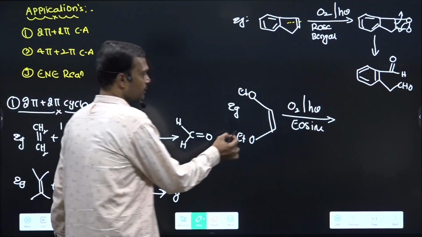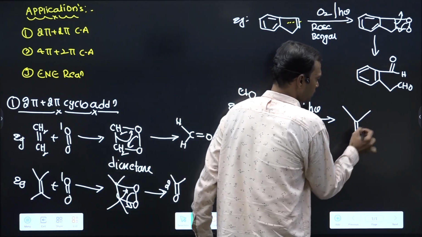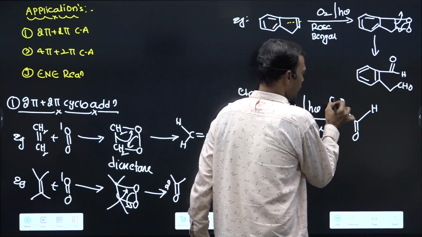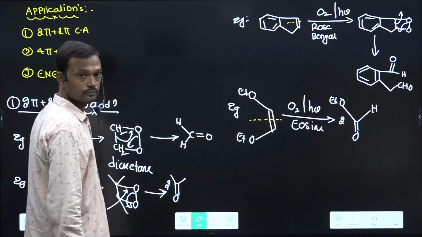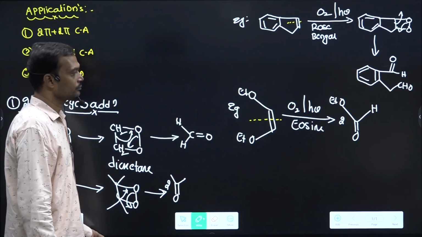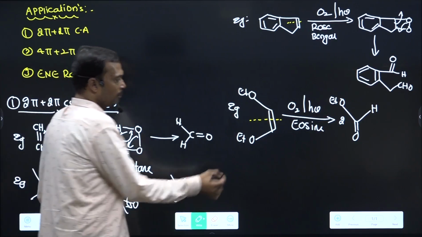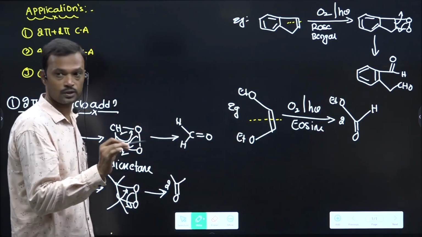Can I break this? If I break this, what is your answer? This is a double bond with hydrogen and this is OEt or not? How many equivalents? 2 equivalents. Right? Ester. Break this double bond, put oxygens similar to ozonolysis, as it is the same reaction.